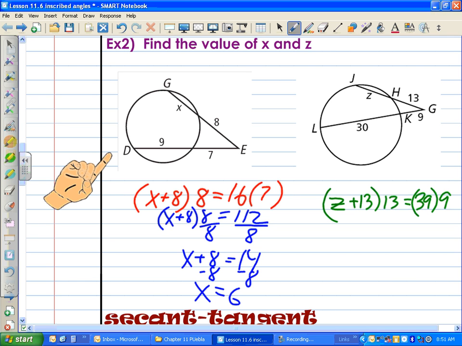You did 13, 39 times 9 first? I would have done it this way. I know it's not order of operations, but I would have done it this way, and it's a shorter, smaller number.